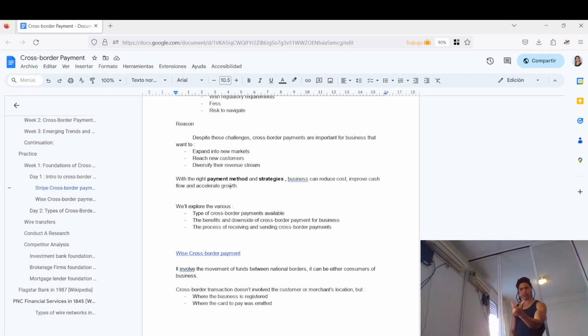That's what really matters in cross-border payments, or in Spanish, estos pagos transfronterizos.